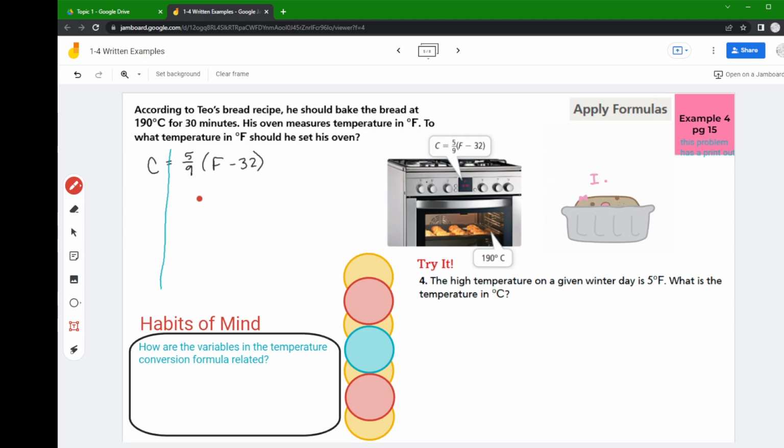That's the flip part. So because that 5/9 is being multiplied, I'm going to multiply by 9/5. Because 5 times 9 is 45, 9 times 5 is 45, and 45 over 45 is 1.